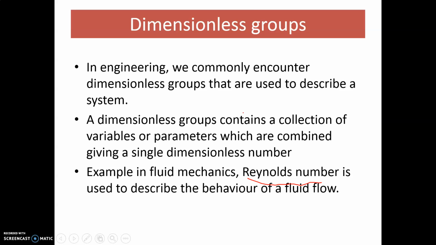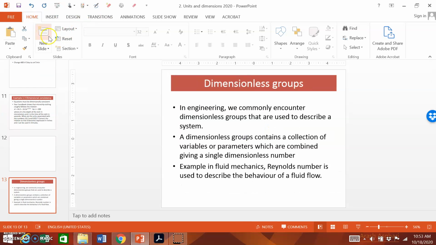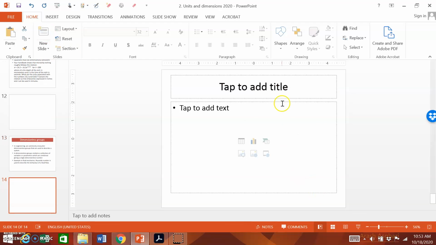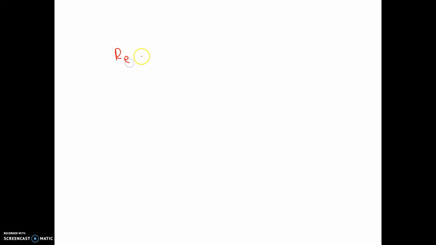I'm going to show you how it happens. So for instance, Reynolds number equals d v rho over mu.